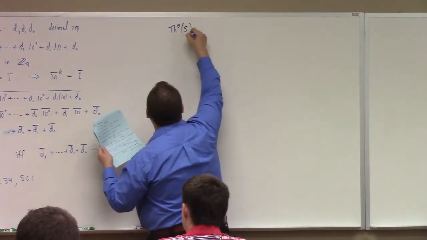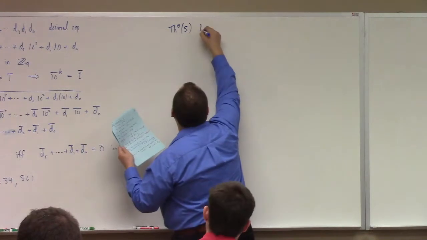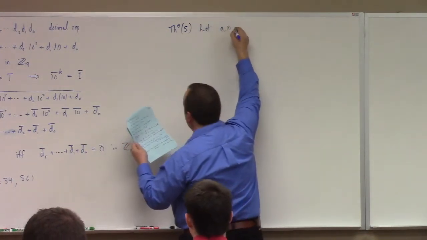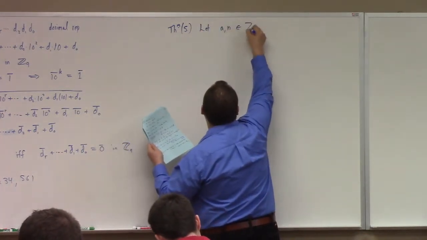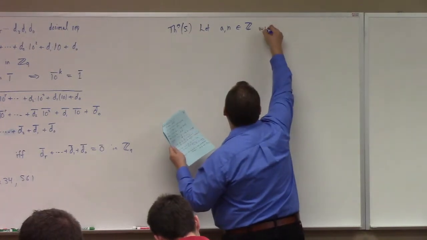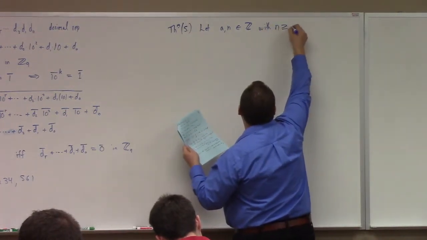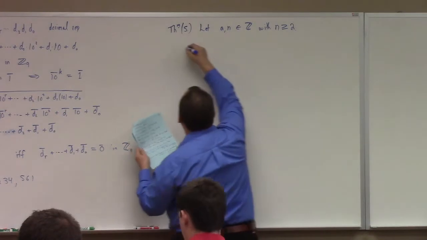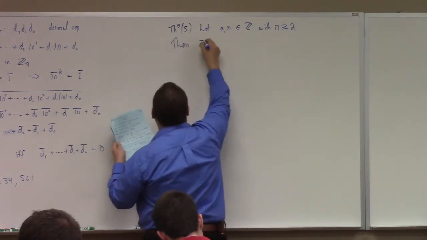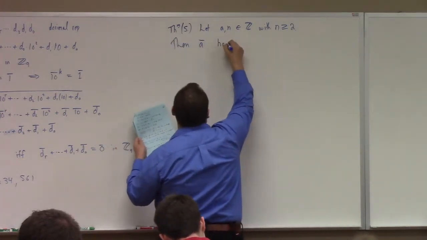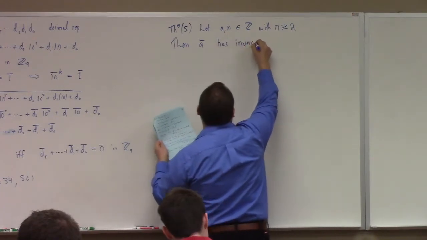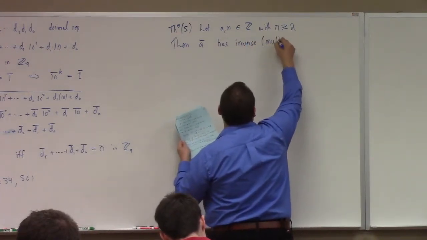Theorem 5: let a and n be integers, all right, with n greater than or equal to 2, then a bar has an inverse, and that's multiplicative, okay?